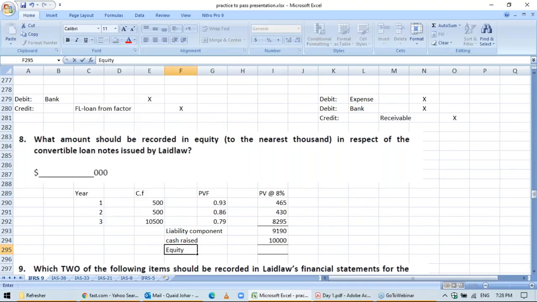The difference between the cash raised and the liability component is the equity component, the amount given for those conversion rights by the creditor. So the answer to this is 810,000.